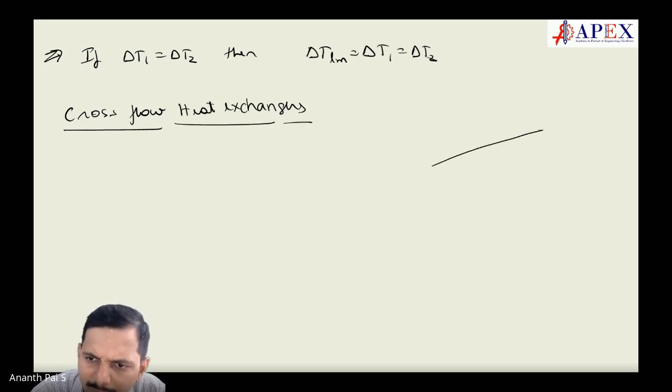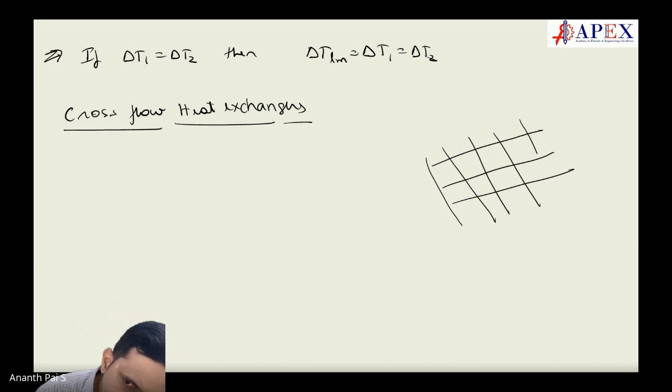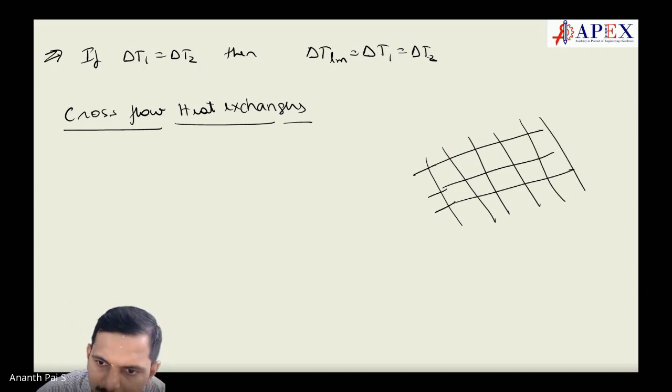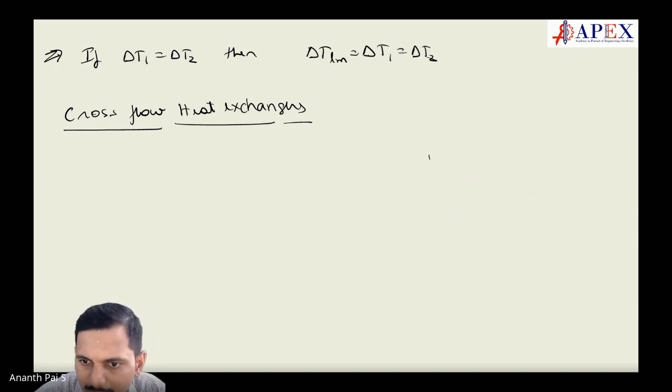You have one flow here, okay, and then there is another flow here which is happening. So say these are pipes. Let me put it properly.